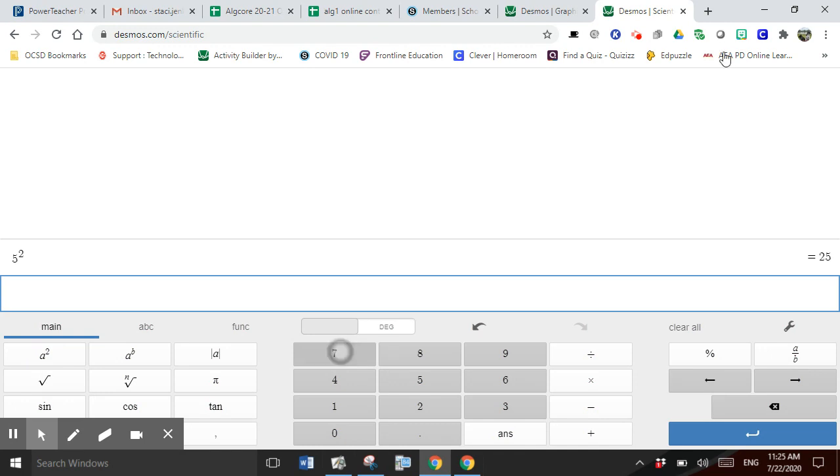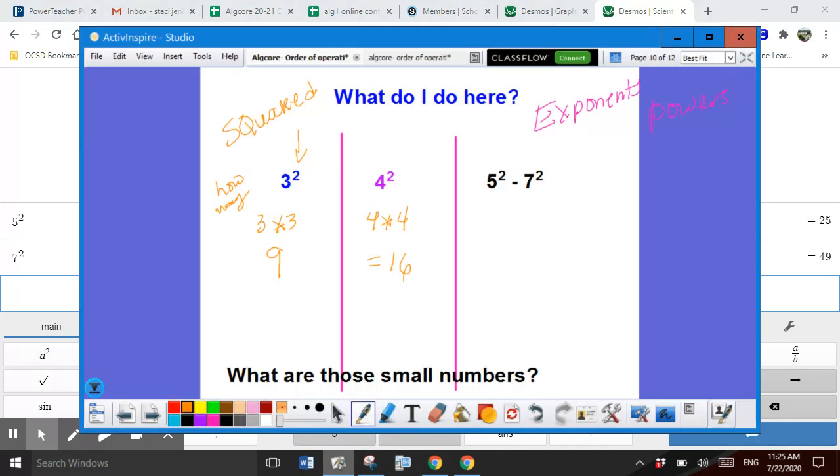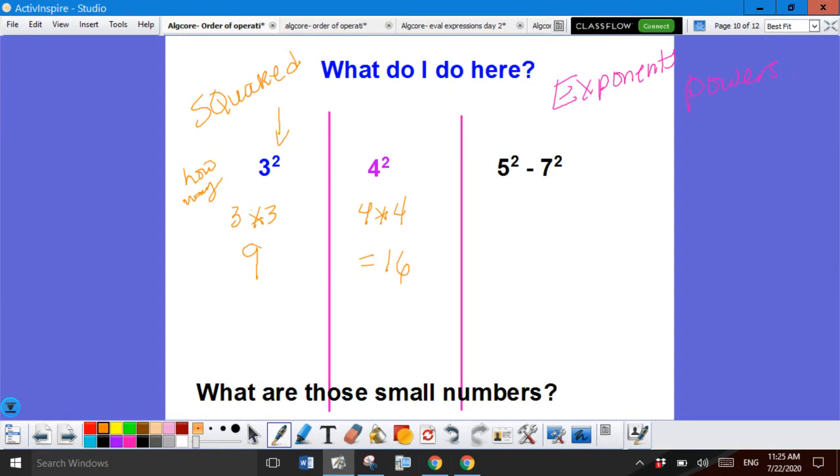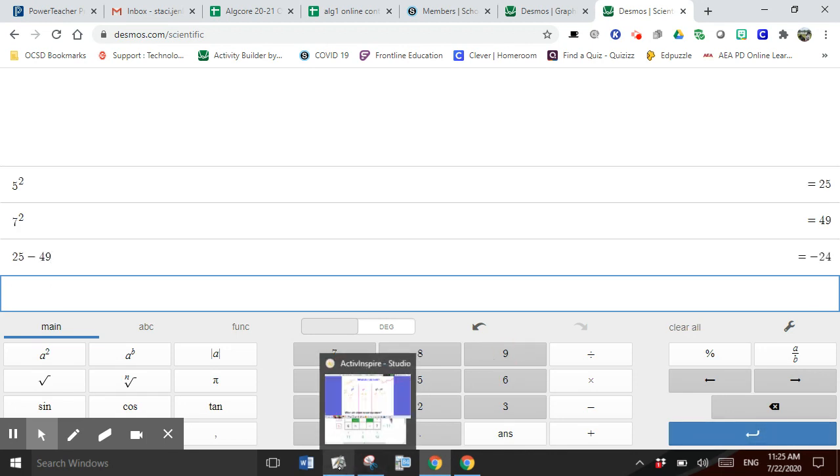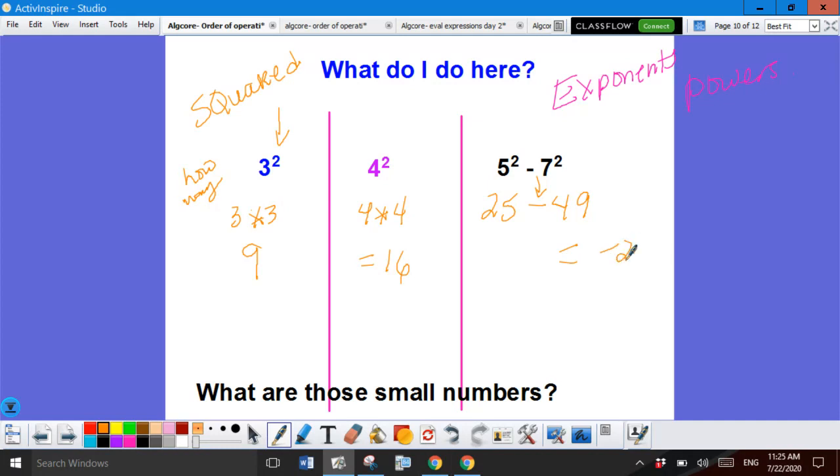The next one was 7 squared. That's 49. So I have 25 minus 49. Notice this negative sign dropped. So 25 minus 49 brings me to a negative 24.